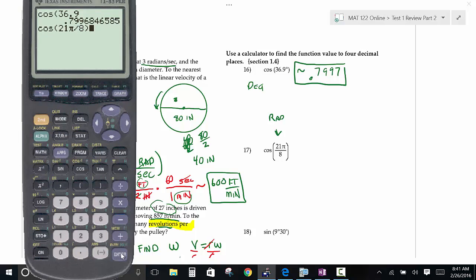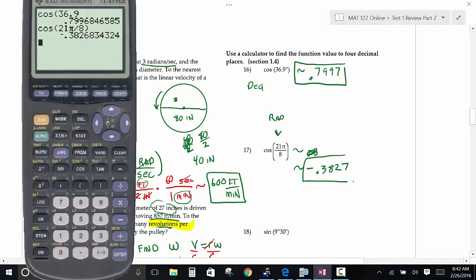Let the calculator do all the work for you. Okay, it's negative because of the quadrant we're in. If the cosine turns out to be negative, it means you're in quadrant 2 or quadrant 3. So this is going to be negative 0.3827 if you rounded that off to 4 decimals.